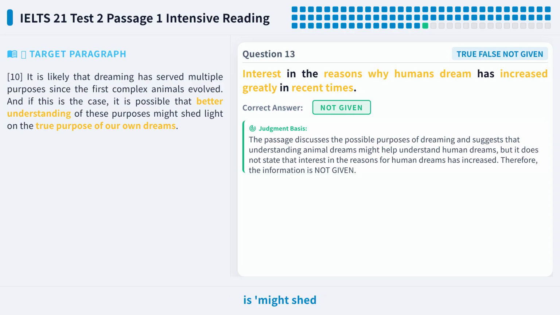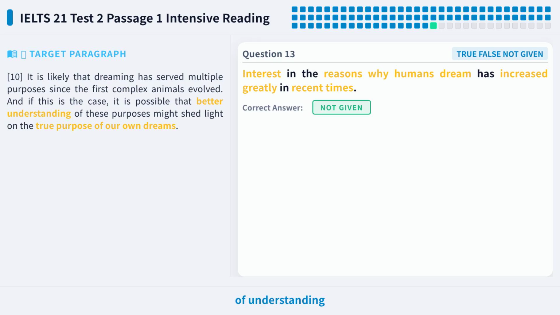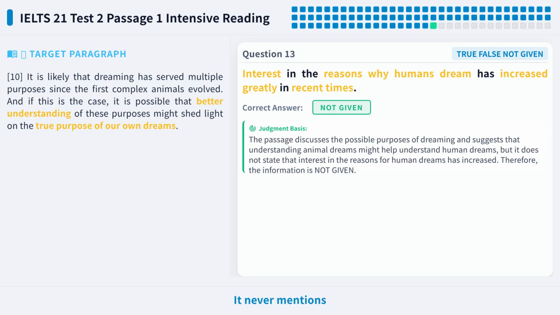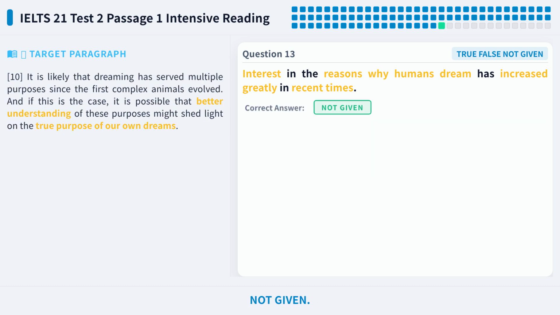The original phrase is might shed light on the true purpose. The passage only discusses the possibility of understanding dream purposes. It never mentions whether interest has increased. This is a classic case of making something up. Also, it doesn't say interest hasn't increased, so it's not false.